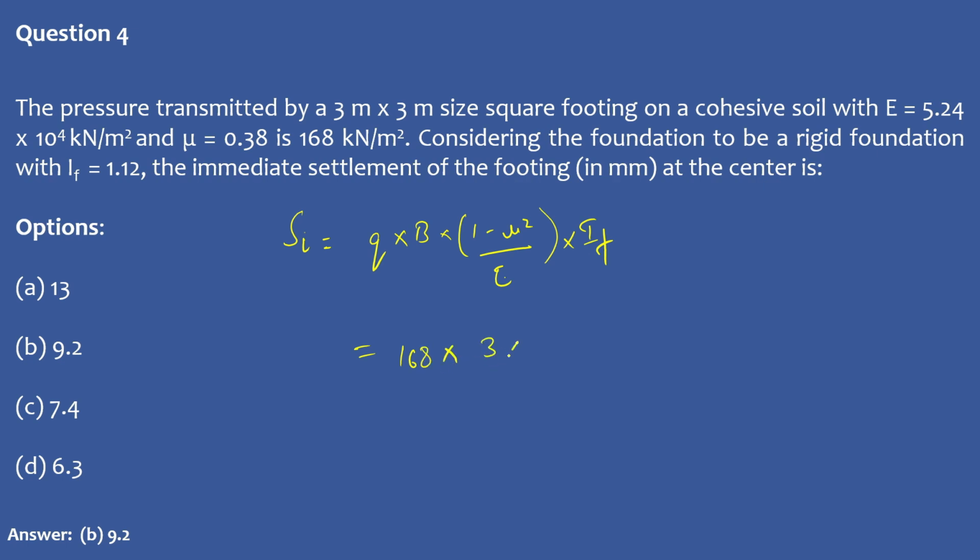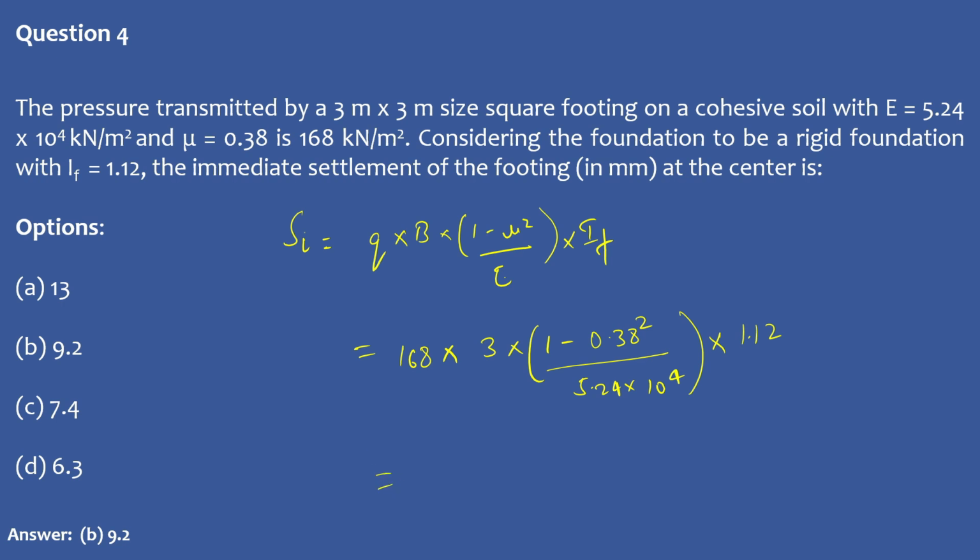The width of the footing is given as 3 meter. 1 minus mu square, where the Poisson ratio is 0.38 squared, and the elastic modulus is 5.24 into 10 to the power 4 kN per meter square, into the IF value, which is given as 1.12. Again this is 168 kN per meter square, so kN and kN will get cancelled. So we don't need to use it.